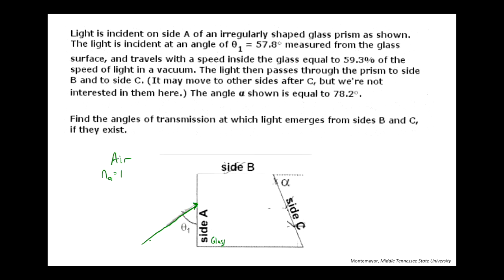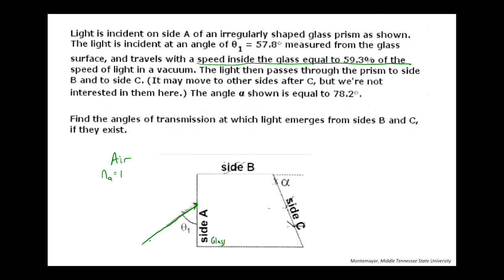Does it tell us up there anywhere the index of refraction of glass? I don't see it. Oh, actually, they did give us enough information to find it. It says that the speed inside the glass is 59.3% of the speed of light in a vacuum.